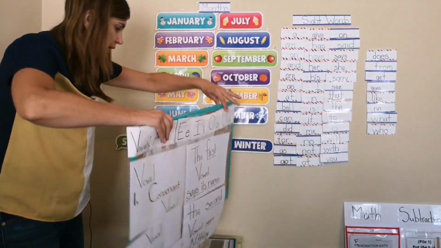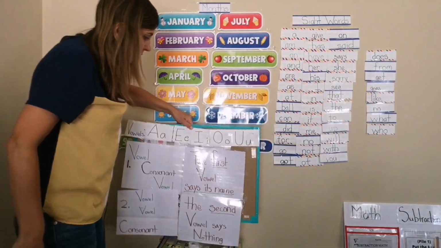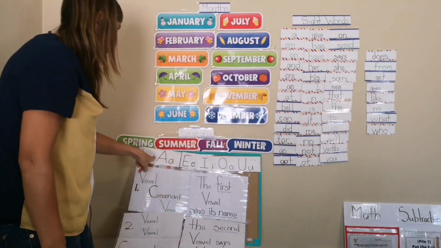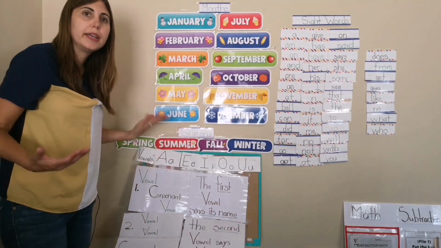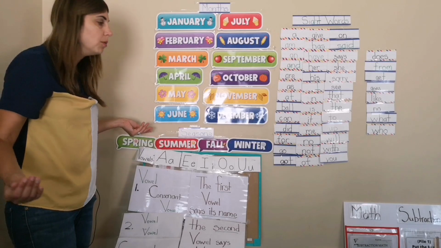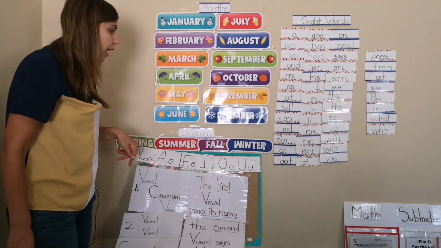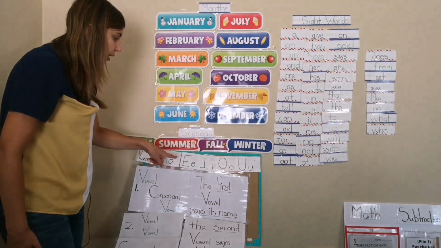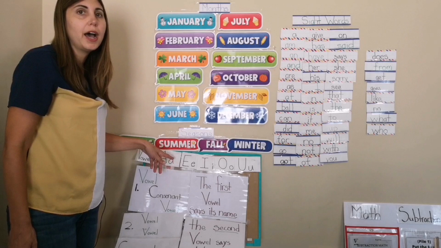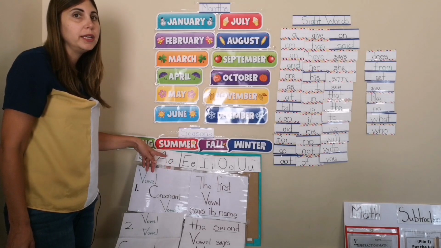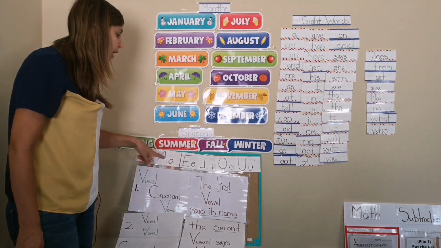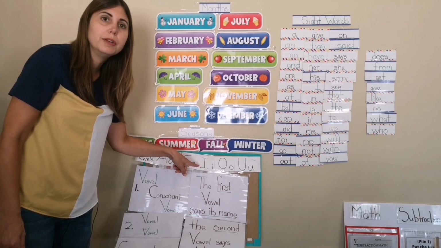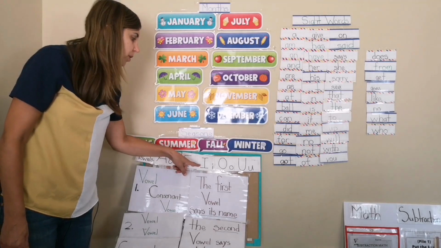We are going to start with our vowel song. We'll start with A. A is a vowel, a vowel, a vowel. A is a vowel, A-E-I-O-U. E is a vowel, a vowel, a vowel. E is a vowel, A-E-I-O-U. I is a vowel, a vowel, a vowel.